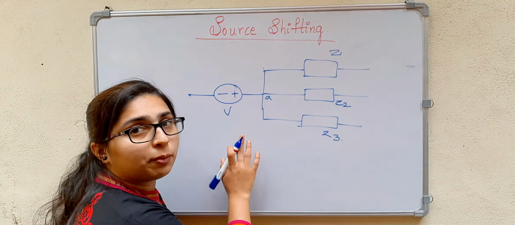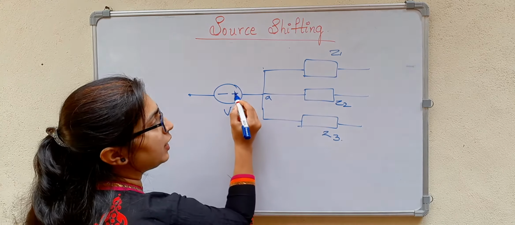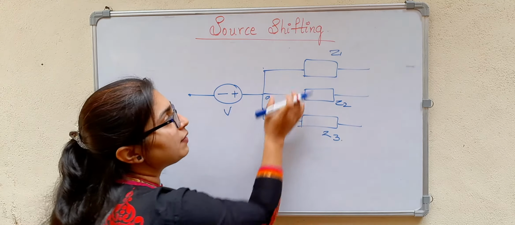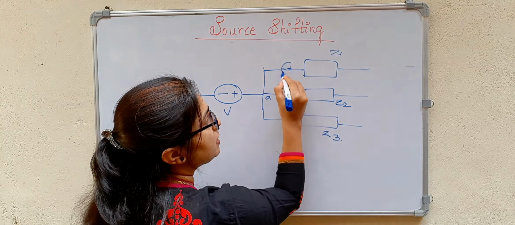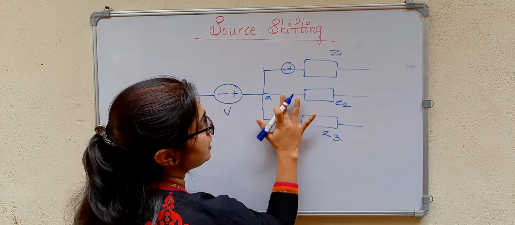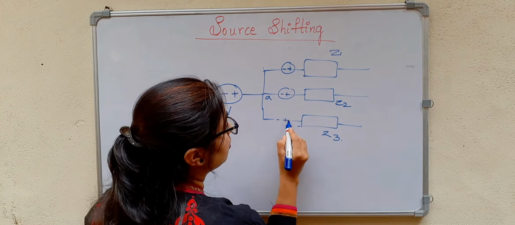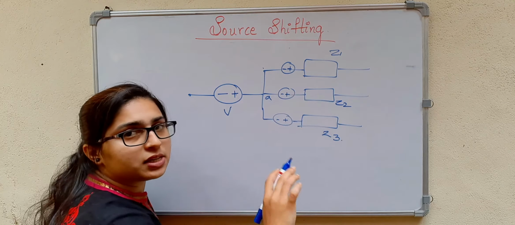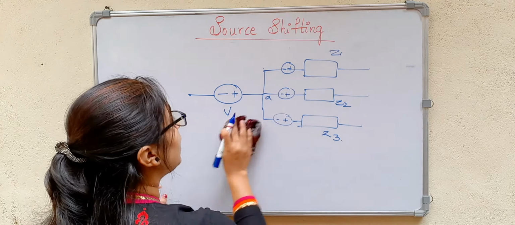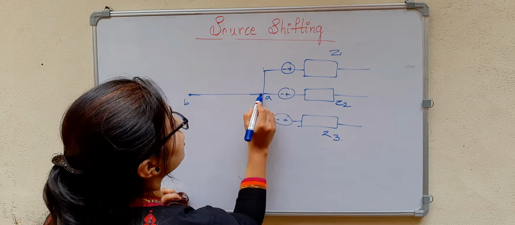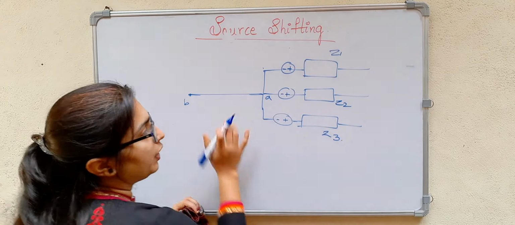First you have to see the polarity. You know Z1 is connected to the positive polarity. So as it is, I will take this and place it here, like this. I will take this and place it here. And I will take this and place it here. Current in the branches will not be disturbed. Now I can remove this here. That means these two terminals will be shorted.